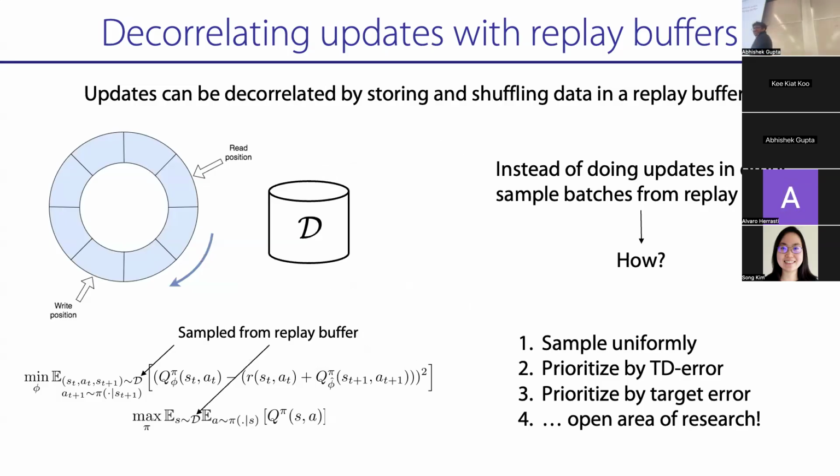Okay, yes. Did sampling uniformly ever work well in practice? It just seems surprising to me that totally decorrelating updates from the trajectory can get anywhere meaningful. Yeah, it really depends on your reward function. If your reward function is super sparse, then it doesn't work as well.